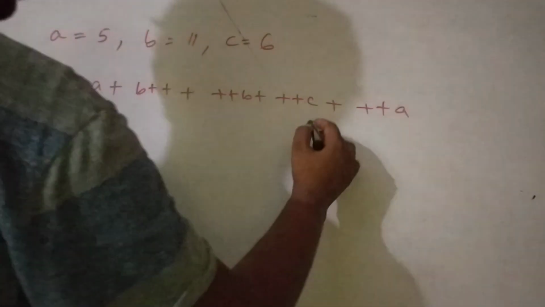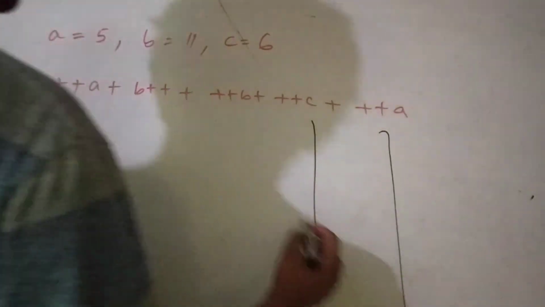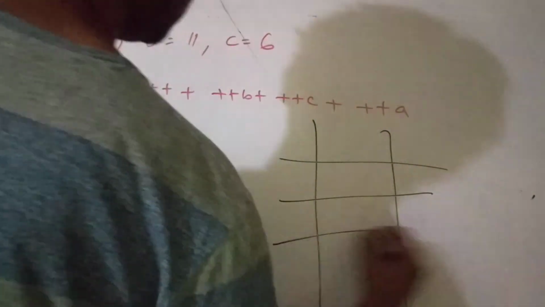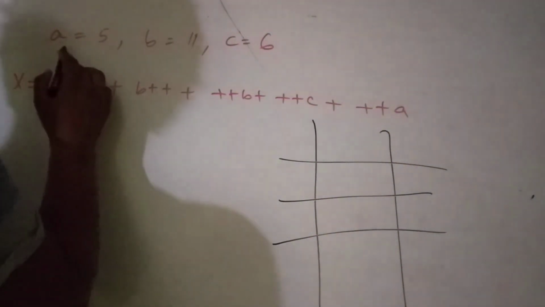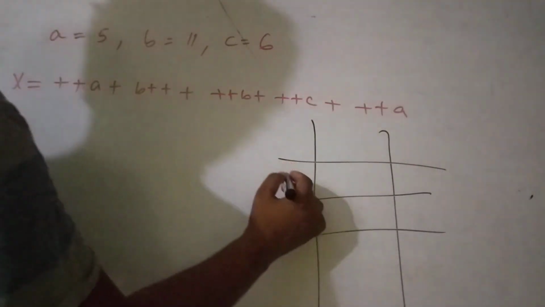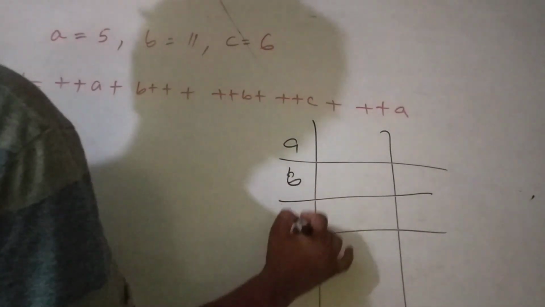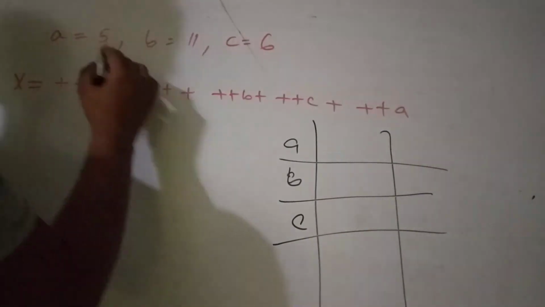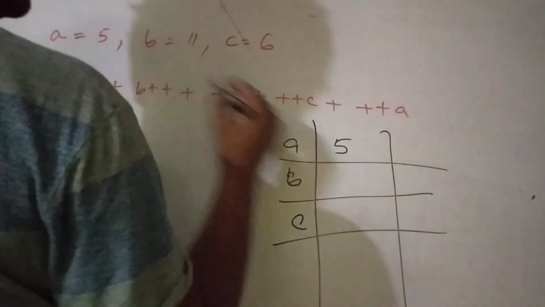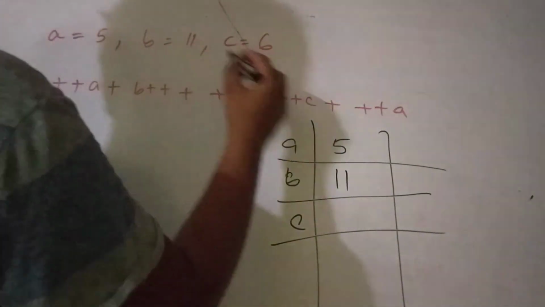Before doing that, on the right hand side you make a box like this. What values are given? The values of A, B and C are given. The current value of A is 5, and the current value of B is 11.